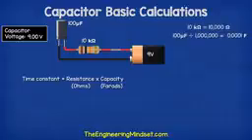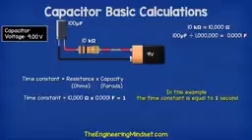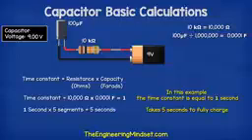So we convert our resistor to ohms and our capacitor value to farads, and we see that 10,000 ohms multiplied by 0.0001 farads equals 1. So in this example, the time constant is equal to 1 second. Therefore, 5 of these is 5 seconds, meaning it takes 5 seconds for the capacitor to fully charge to 9 volts.